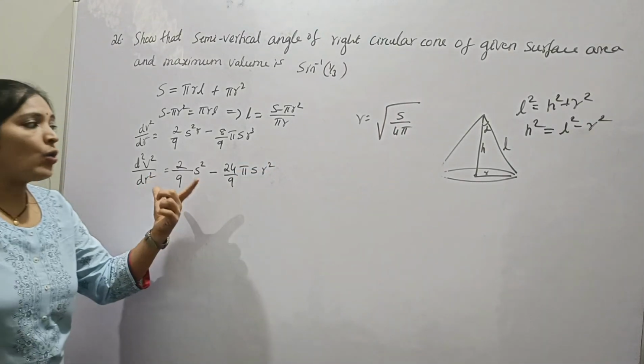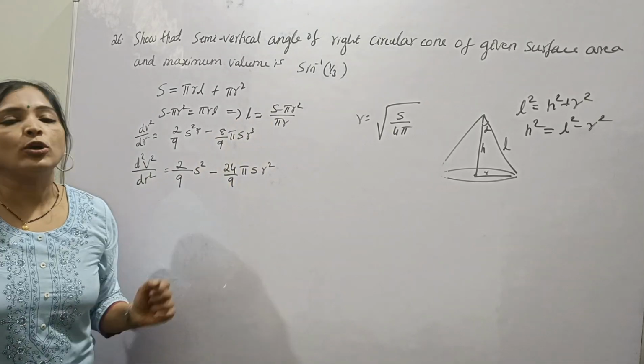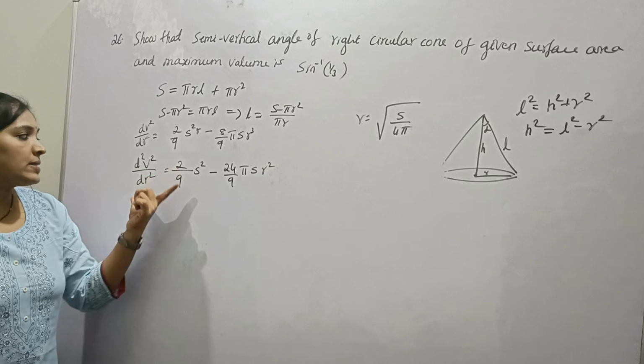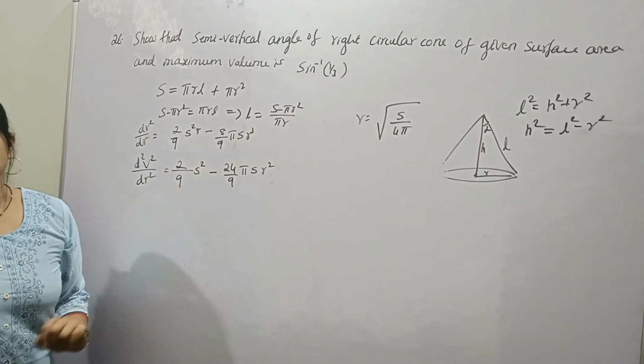Now here we have to prove this is maximum, that is volume is maximum when r is equal to root s divided by 4 pi. That is, d square v square by dr square is less than 0 when r is equal to this one.